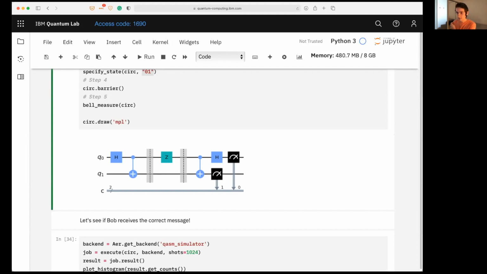Okay, so somebody asks in a direct message, if I want to send the original message that we had for ice cream, 1100 or whatever it was, I forget, and send that all at once, how can I do it by just modifying the code done before? The way that you would send a longer message like that is you would have multiple sets of entangled pairs.